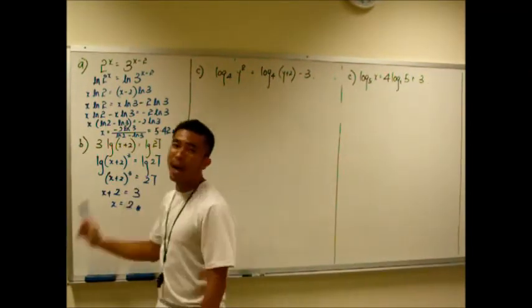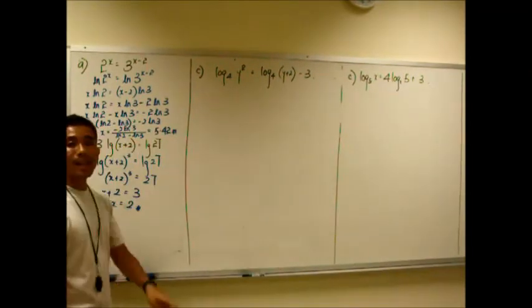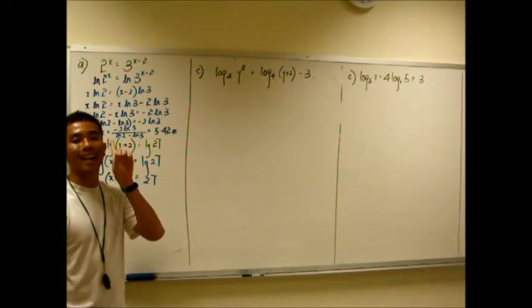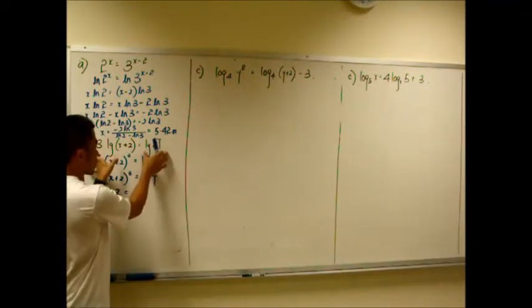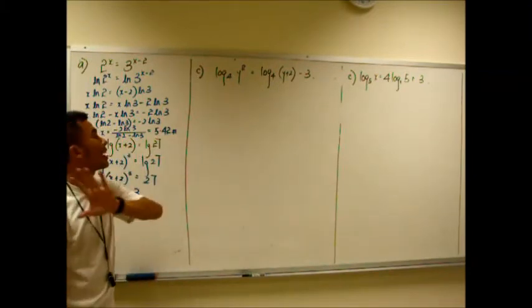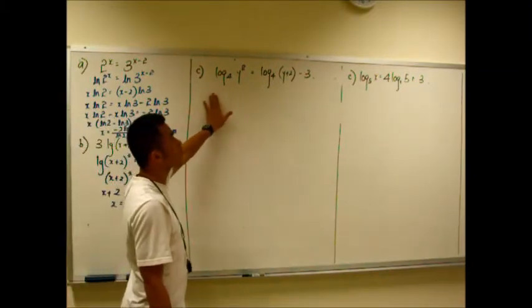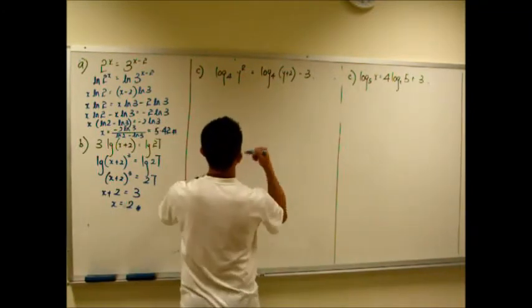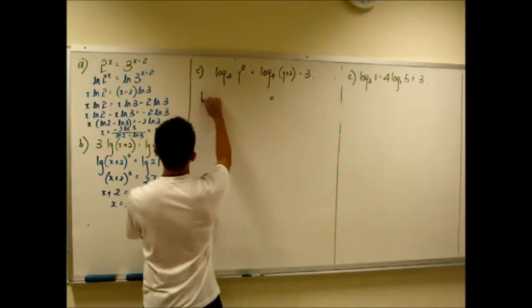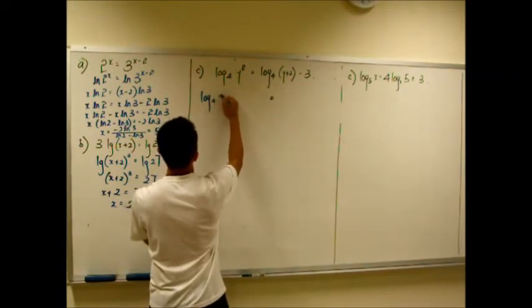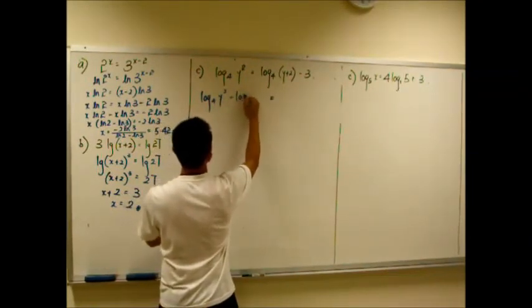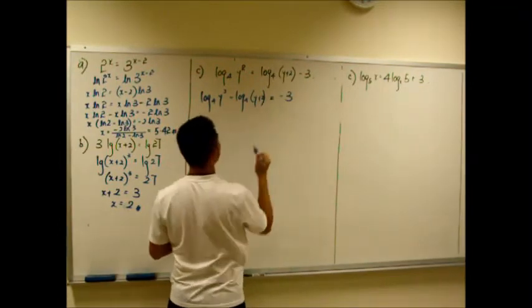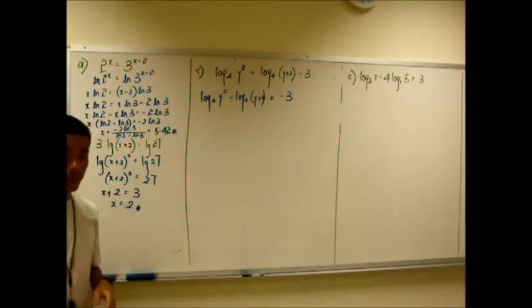Let us take a look at part C. Like I said before, we will always like to make sure there is a single log term on each side. But if we can't, the easiest way is to make all the log term on the left hand side, only the constant number on the right hand side of the equation, which is what I'm going to do now. And what do you notice?